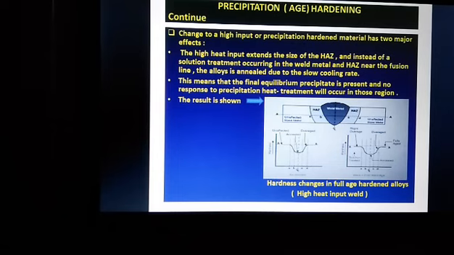The high heat input extends the size of the HAZ, and instead of a solution treatment occurring in the weld metal and HAZ near the fusion line, the alloy is annealed due to the slow cooling rate. This means that the final equilibrium precipitate is present and no response to precipitation heat treatment will occur in those regions. The result is shown below.